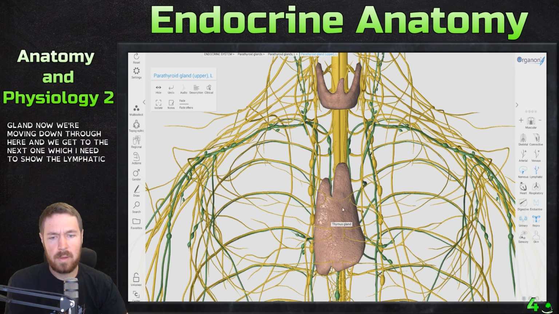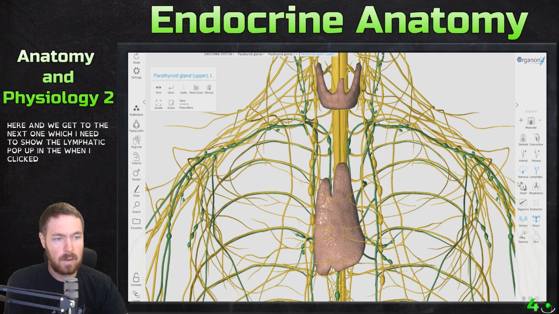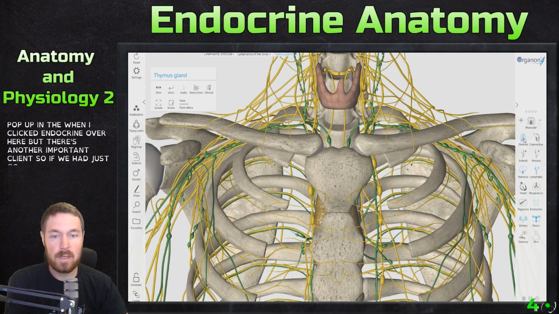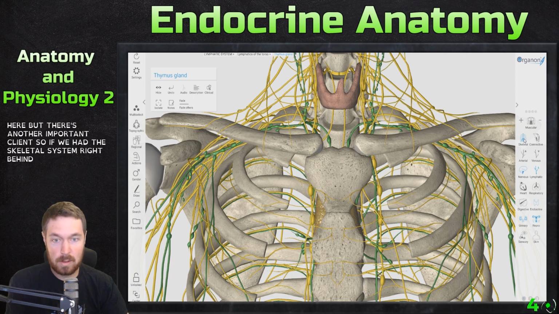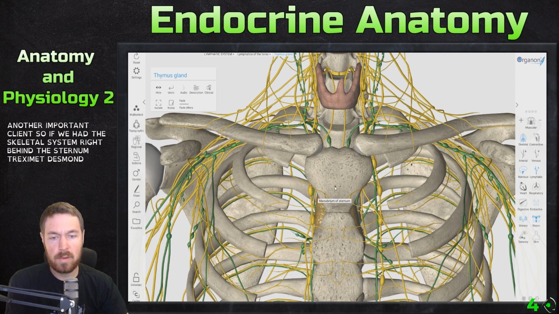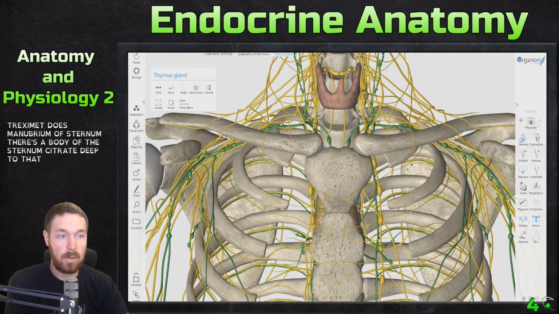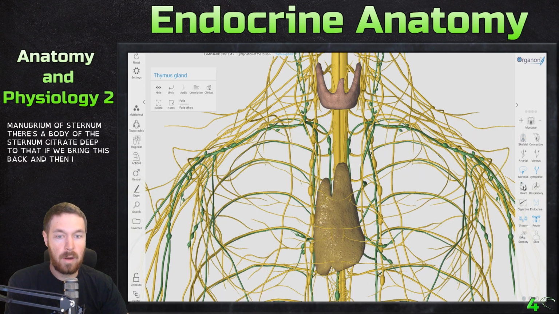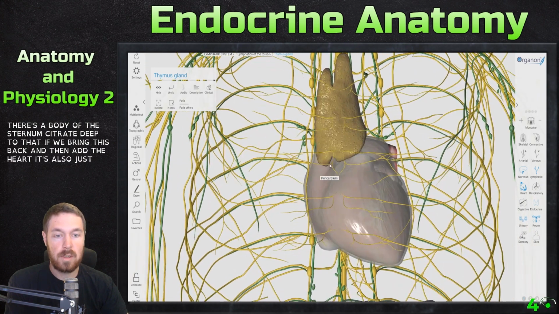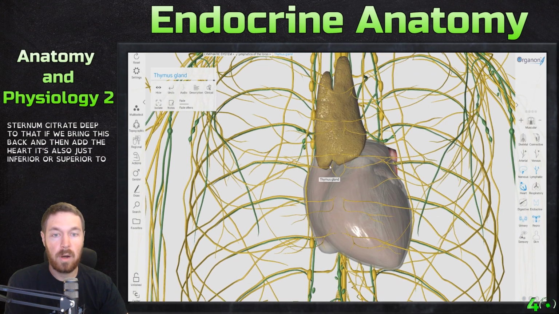Now we're moving down through here, and we get to the next one, which I need to show the lymphatic system. It didn't pop up when I clicked endocrine over here, but this is another important gland. So if we add the skeletal system, right behind the sternum, there's the manubrium of the sternum, there's the body of the sternum, so right deep to that. If we bring this back and then add the heart, it's also just superior to the heart as well.